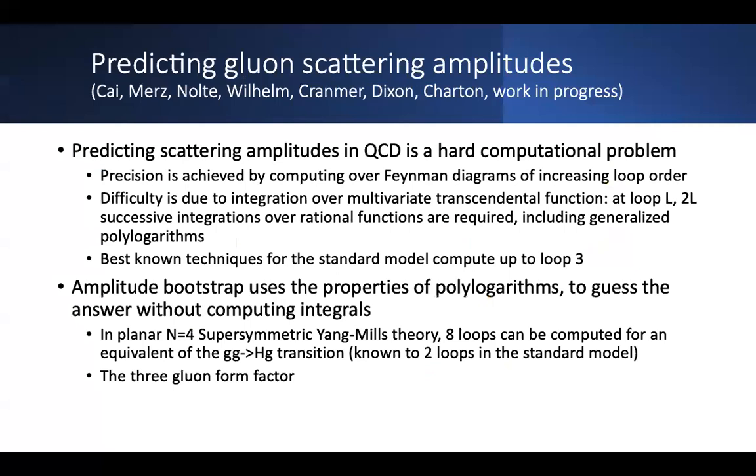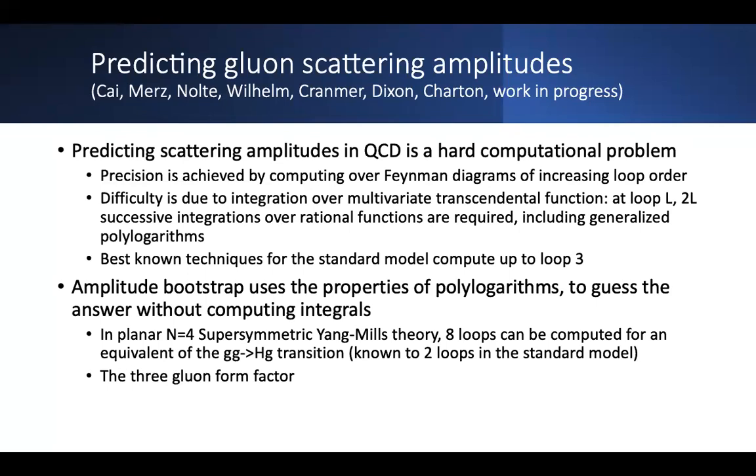A scattering amplitude is the complex function that tells you, when particles collide, what are the probabilities of the outcomes. Gluons are small particles, and this is very important because if you want to do experiments on the Large Hadron Collider at CERN, you need to calculate the probabilities of those collisions with very high precision. This is what the scattering amplitude is.